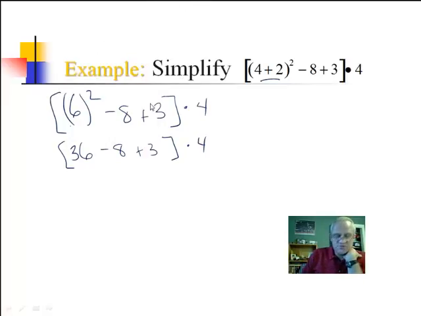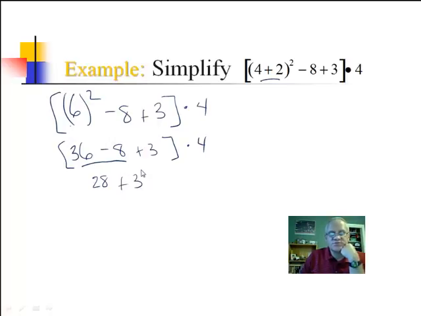So I am going to do all the numbers here in the brackets. Notice I have subtraction and addition. Remember, that's the A and the S, in please excuse my dear Aunt Sally. So we are going to work left to right. So I'm going to do this part first. I'm going to do 36 minus 8, which is what? 28. So that's become 28.